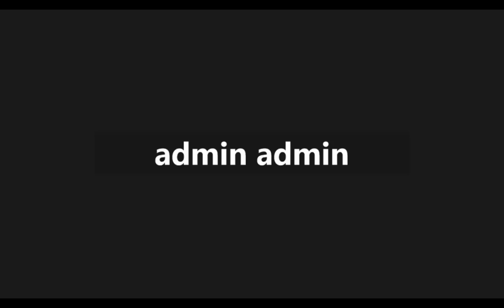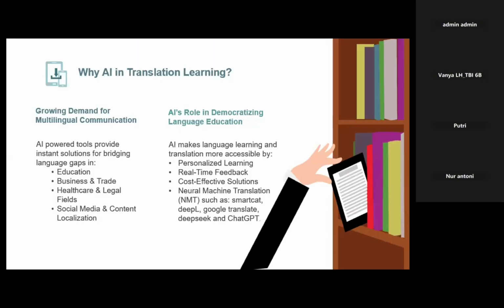And then real-time feedback. So the AI corrects pronunciation, grammar, and syntax instantly. And then for cost-effective solutions, the AI reduces reliance on human translators for basic needs. So it helps the human in translation.